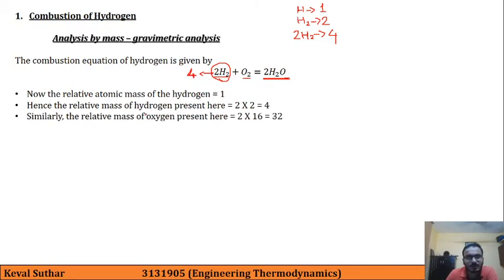And then similarly the relative mass of oxygen present here is 2 into 16, that is O2, 2 into 16 is equal to 32. Sorry, there is a mistake here.